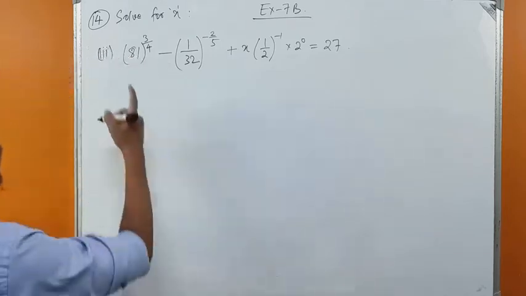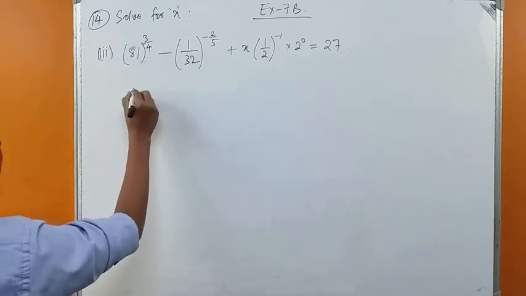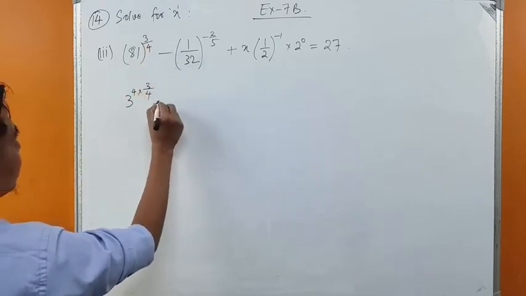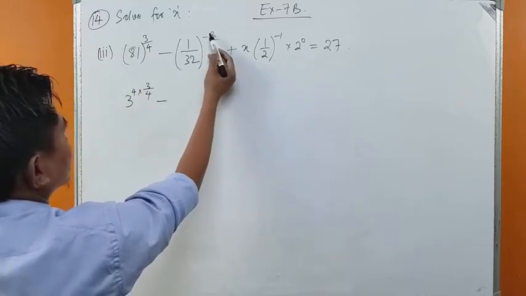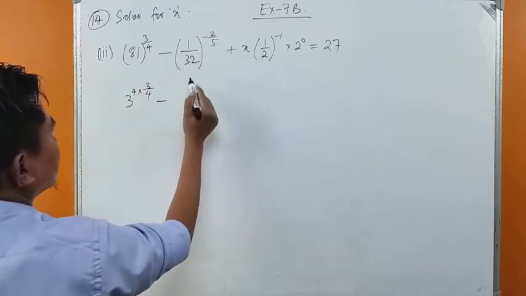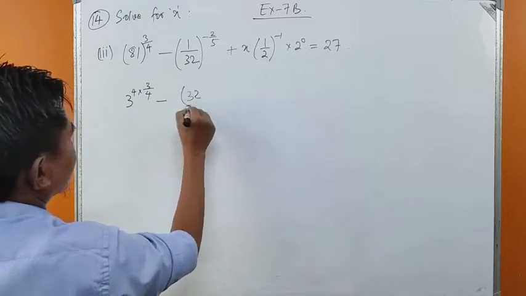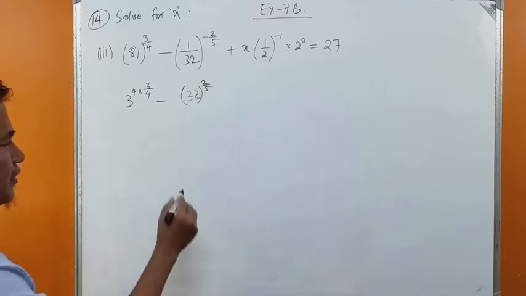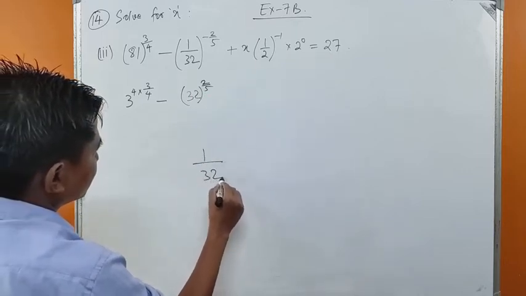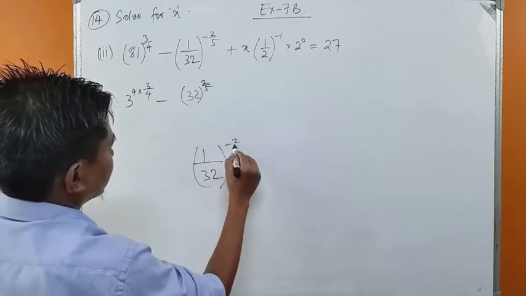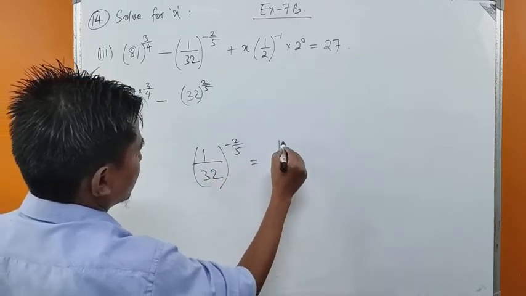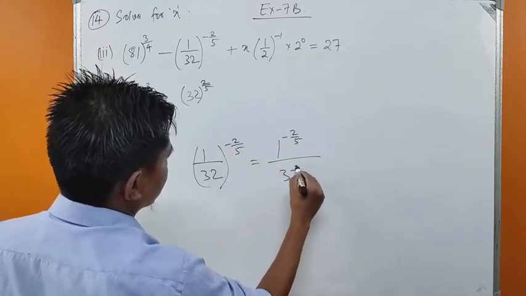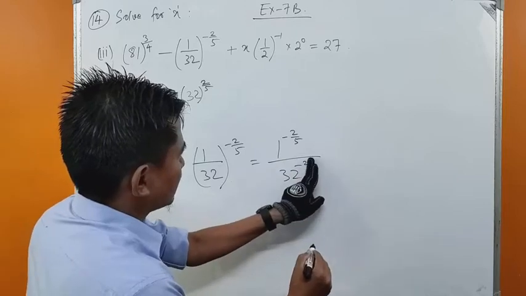Now 81 means 3 to the power 4, into 3 upon 4 minus, now the power is minus 2 upon 5 and 32 is in the denominator. What we do is bring 32 to the numerator and the power becomes plus 2 upon 5. Are you getting me? 1 upon 32 to the power minus 2 by 5 means 1 to the power minus 2 upon 5 upon 32 to the power minus 2 upon 5, isn't it?